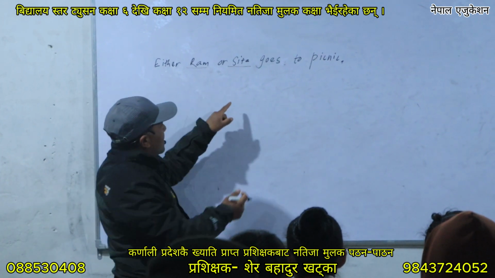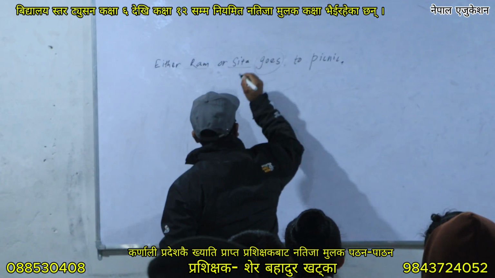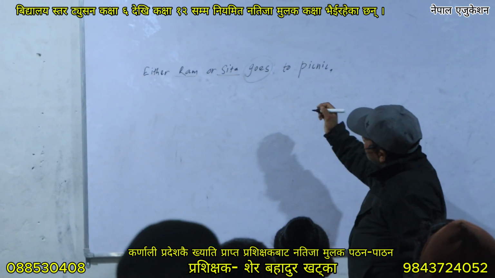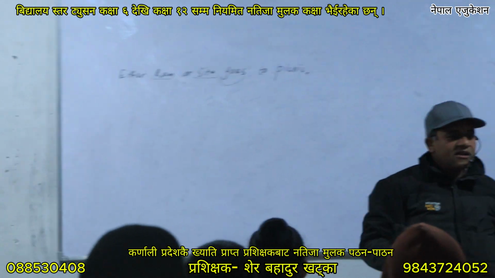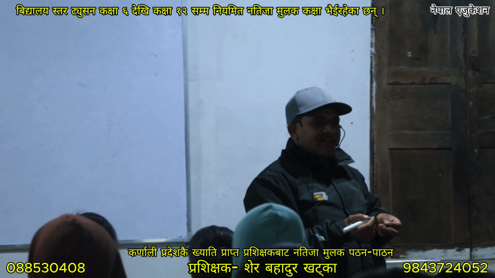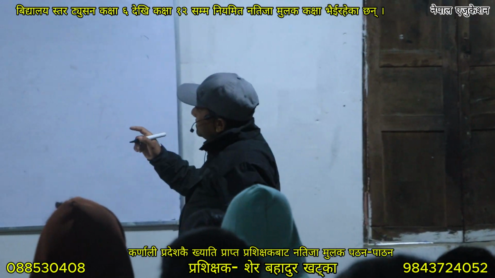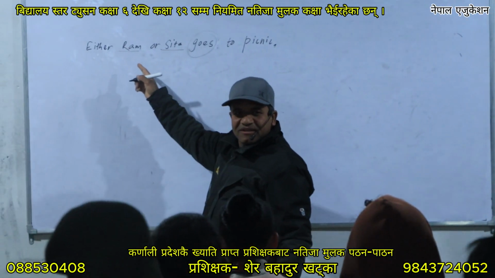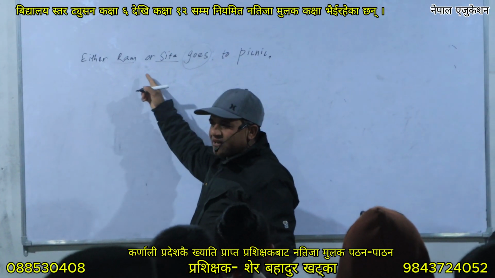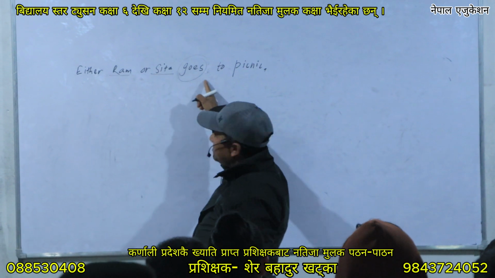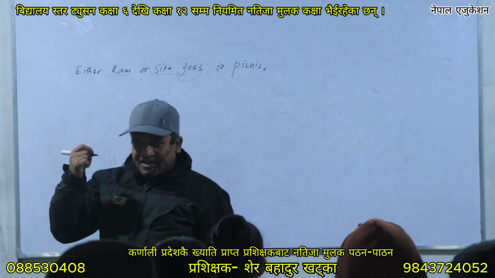Either Ram or Sita goes to picnic. And what is the verb? Yes. What is the auxiliary verb of this? Does. Yes, no doubt. There is does. And is it a positive or negative sentence? Positive. That question tag is? Negative.